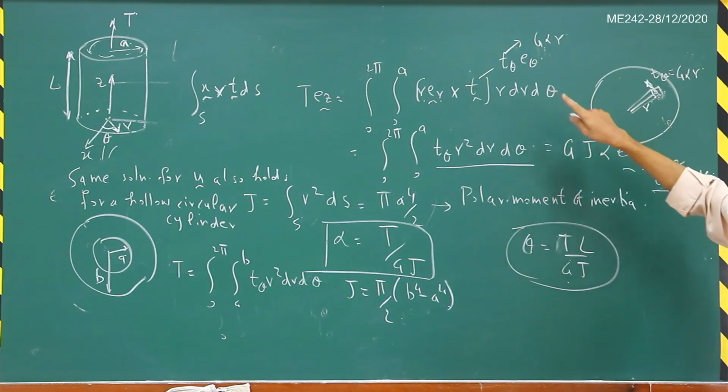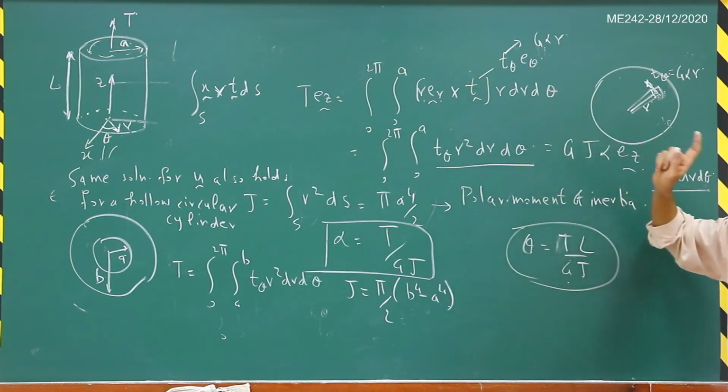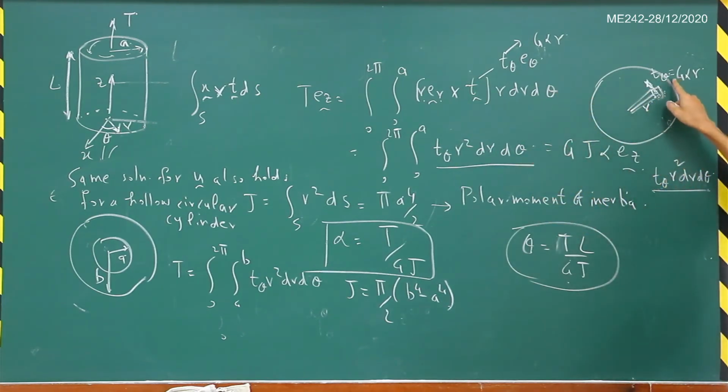In order for this solution to be an exact solution, the traction has to be applied in this particular manner alone. Okay, so you cannot get the resultant torque by applying some other distribution of traction.